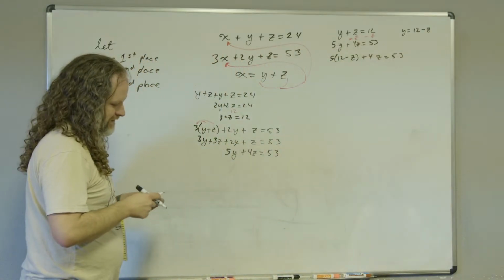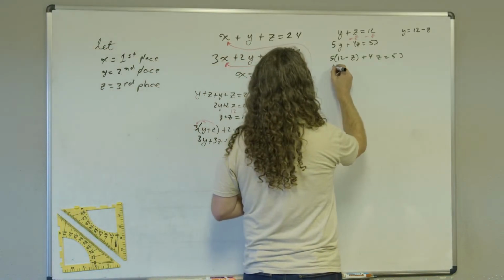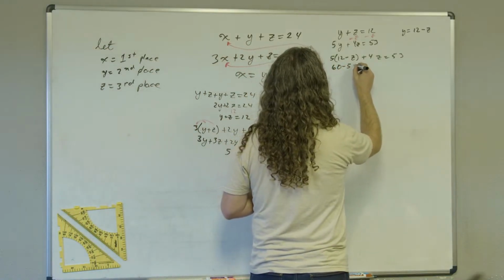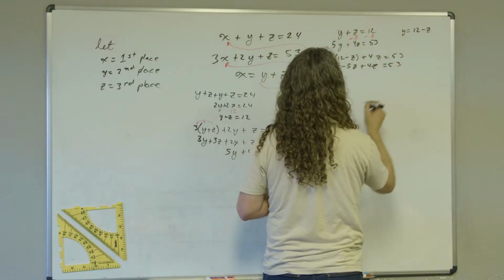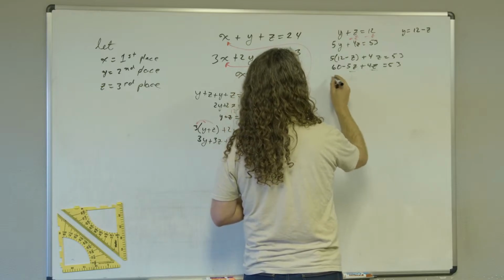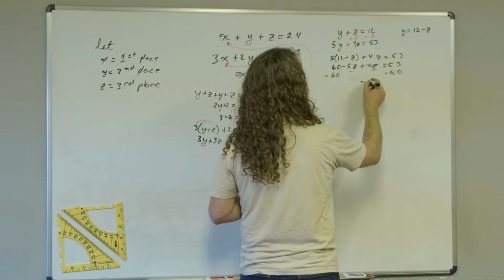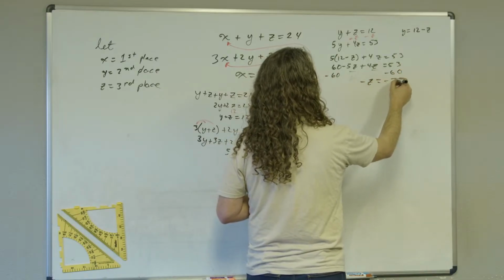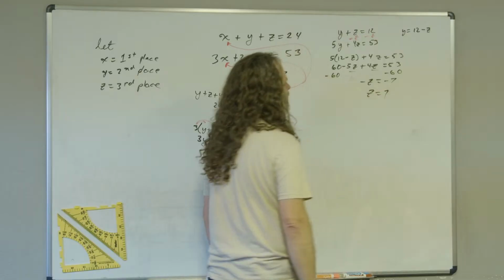Distribute. This is getting fun. 60 minus 5z plus 4z equals 53. Combine like terms. Why don't we subtract 60 from both sides at the same time? So negative z equals negative 7. Divide by negative 1, z equals 7.